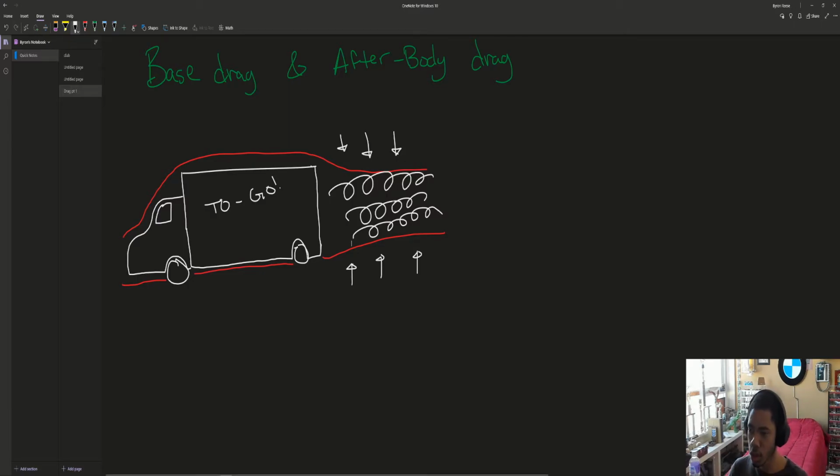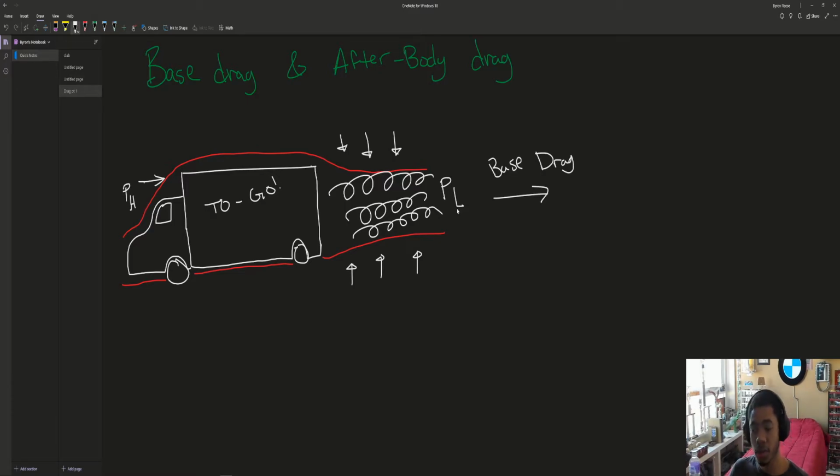So you get this region of very low pressure instead of equal pressure as you started with. Because this is now separated, you have this region of low pressure compared to this region of high pressure, which is going to push the truck back, creating this major suction force, just like lift. But now it's in the axial direction, so the truck is going to get pushed heavily back by drag. And this is called base drag.